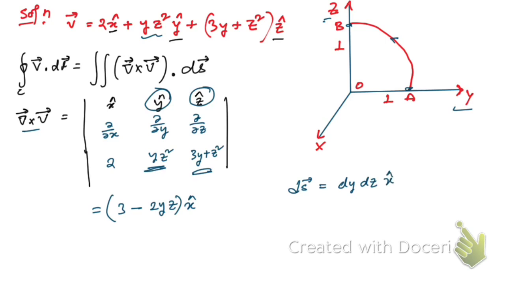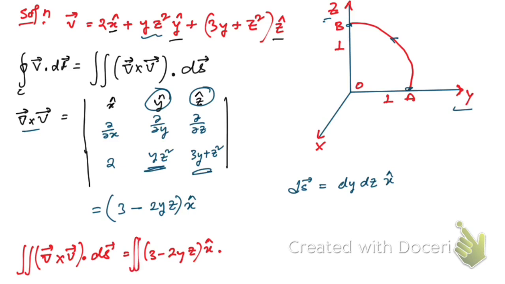Now if you plug these two here, what are you gonna get? The integration of curl of v dot ds is gonna be equal to the double integration, that means surface integral, of (3 minus 2yz) x cap dot, instead of ds, dy dz x cap.